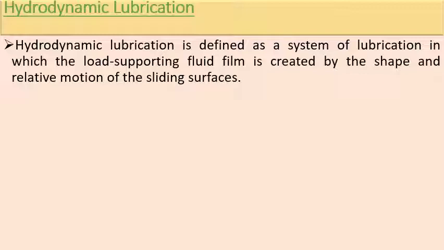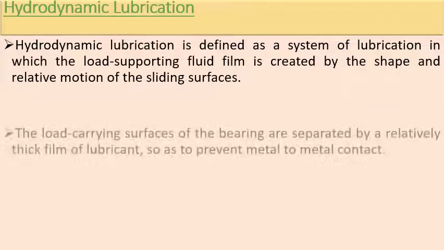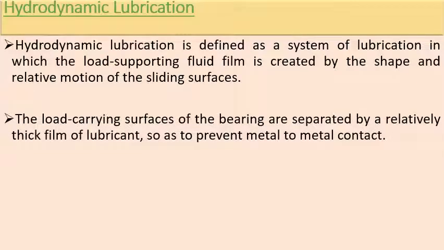So in this type of lubrication, the fluid film is created by virtue of the shape and due to the relative motion between the sliding surfaces. The load carrying surfaces of the bearing are separated by a relatively thick film of lubricant, so that there is no metal to metal contact between the surfaces.